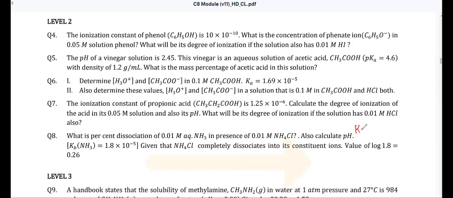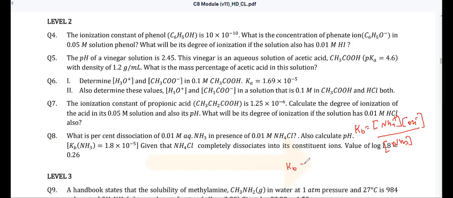Why? Because Kb is equal to concentration of NH4 plus into concentration of OH minus divided by concentration of NH3. Now, the formula was derived when NH4 plus was the same as OH minus. Now it is changed.